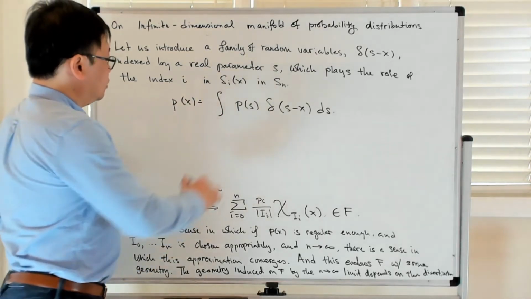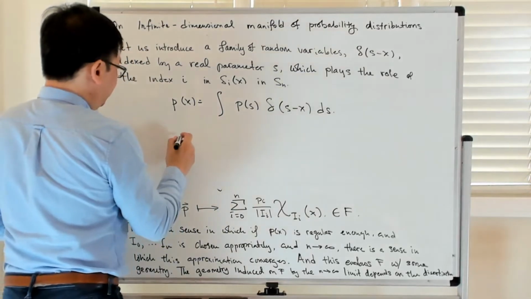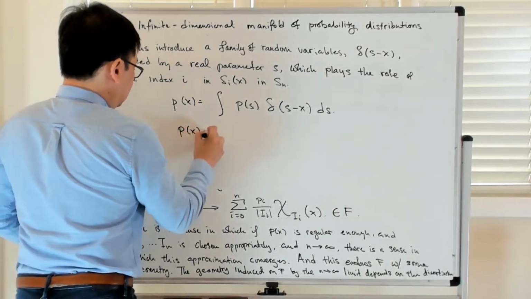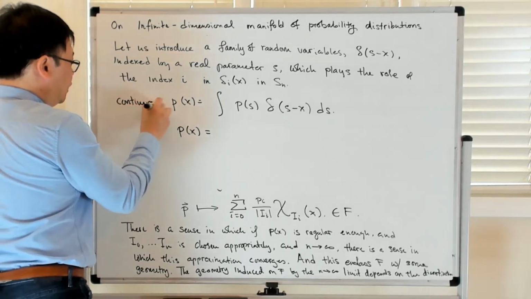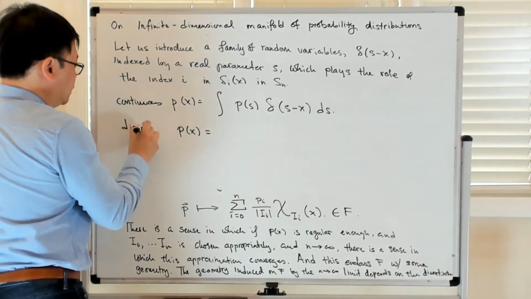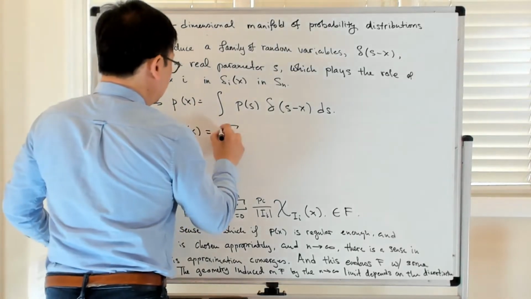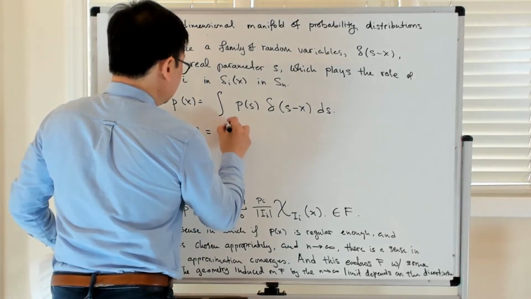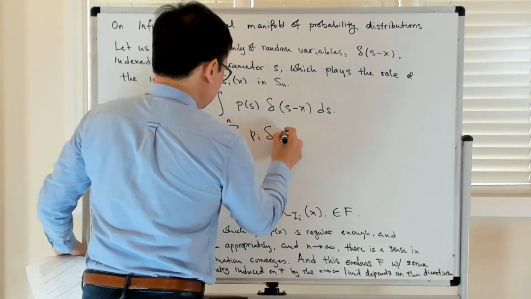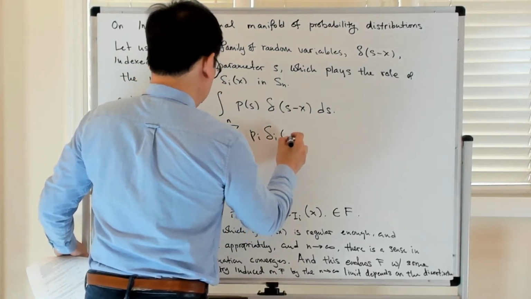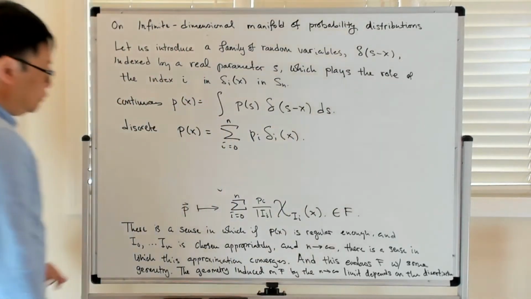So at the back of your mind, you should be thinking of this. This is the continuous case, and this is the discrete case, which should be the sum over i equals 0 to n of p_i times the Dirac delta function, like that.